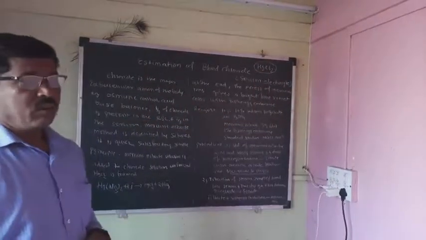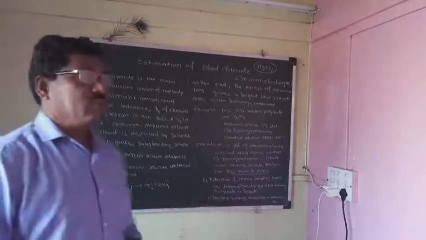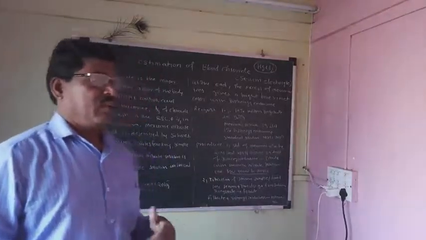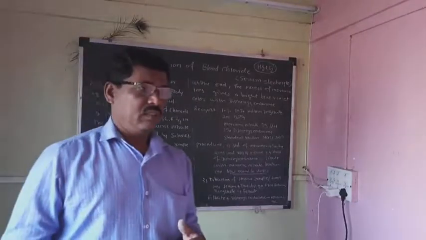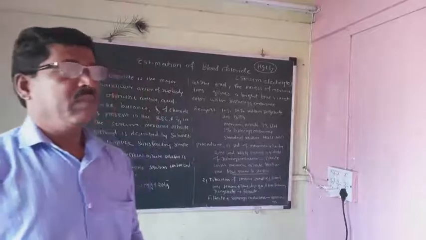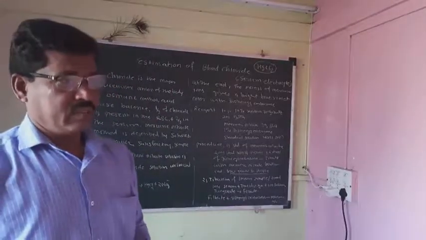Unionized mercuric chloride is formed, and the excess of the mercuric ion reacts with diphenyl carbazone indicator.